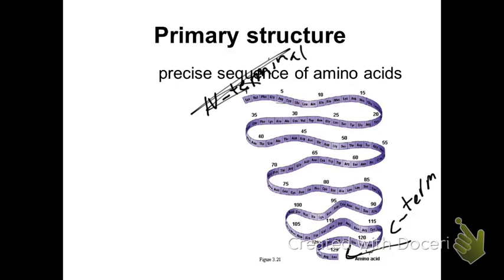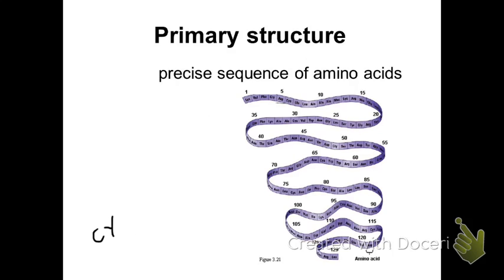Now, what we're going to do is erase this, and we're going to make a protein sequence here. And our first one, we're going to start out with cysteine. And we're going to add our next amino acid, arginine. Now, this line represents the peptide bond that exists between these two amino acids.